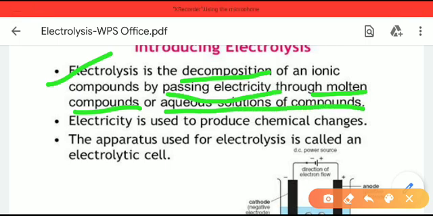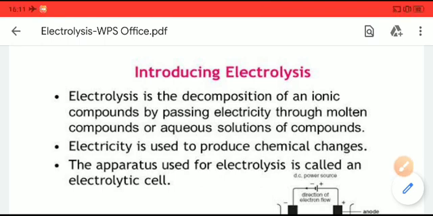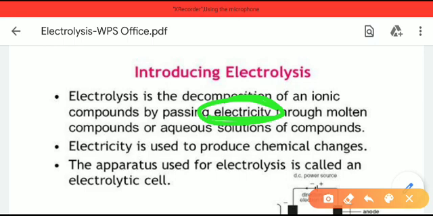So when an ionic compound, in its molten state or aqueous solution, is treated with electricity, it decomposes, and this phenomenon is named electrolysis.